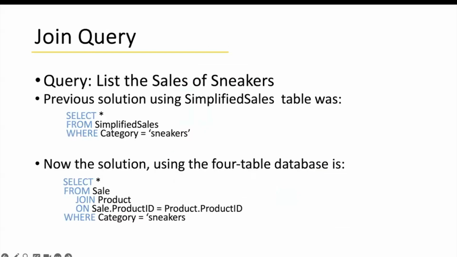So we can query a single table, for example, to find all the sales in the sneakers category. However, in many cases, we need to use multiple tables and take advantage of the relationship between them to get results from those tables. This use of multiple tables in queries is called a join query.